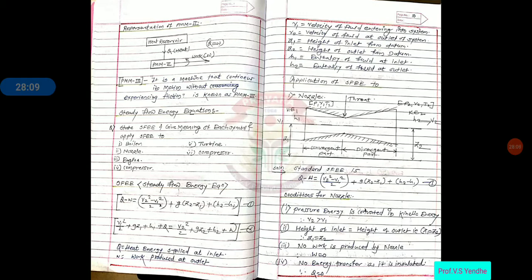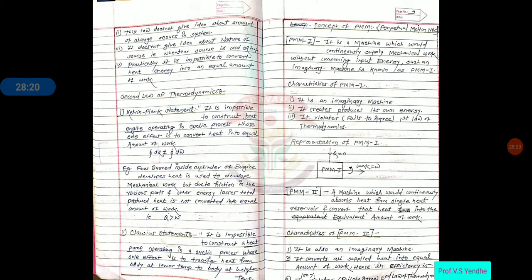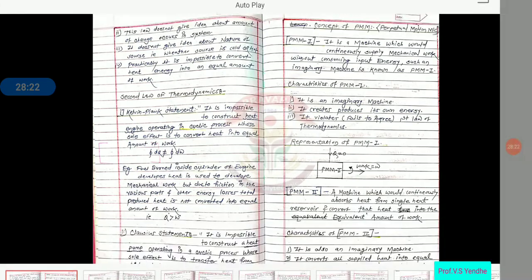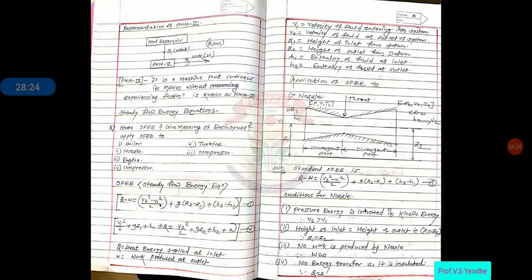Then the height at the inlet is the same as at the outlet, that means Z1 is equal to Z2. Then as there are no rotating parts, no work is produced.